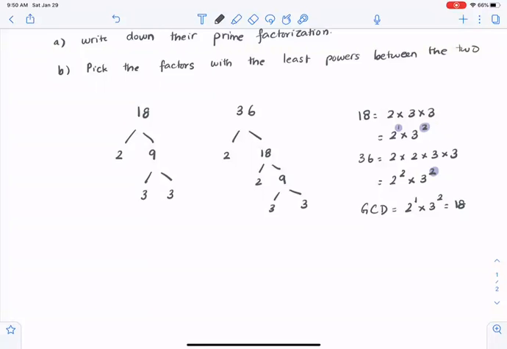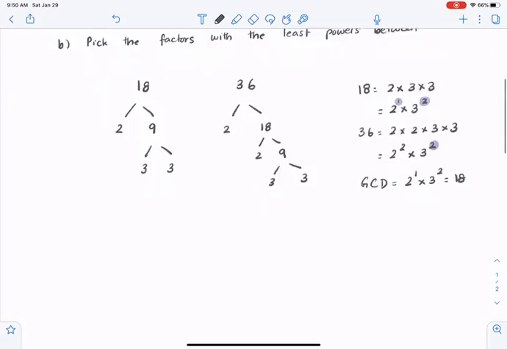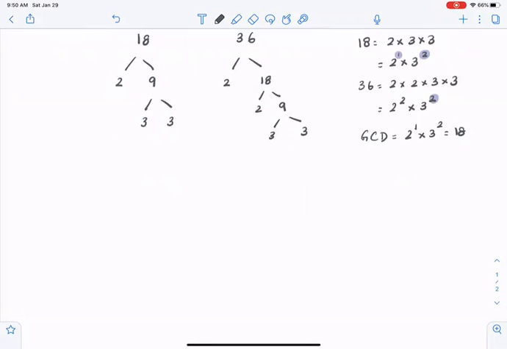Now, I used the process of prime factorization to come to this conclusion, but the moment I wrote the question, I knew the greatest common divisor would be 18. So why so? You may say, well, why couldn't it be 9?